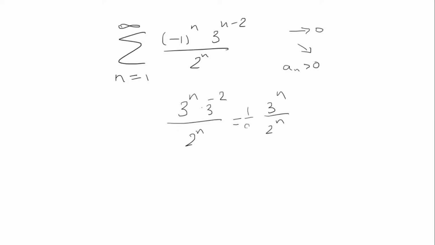So that's basically 1 over 9. And so I can factor out the exponent, and we know that the ratio here is 3/2, which is greater than 1. And obviously this is going to diverge. Right, so this limit is going to go to infinity, obviously, because the ratio is greater than 1. And so it will not satisfy the limit going to 0. So this diverges.